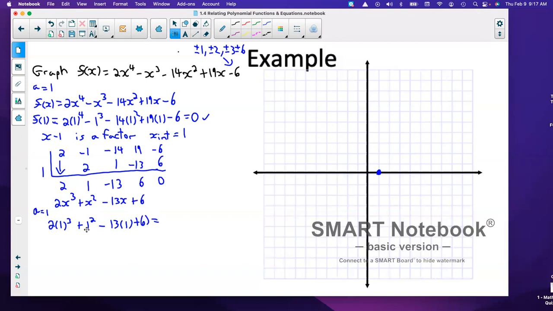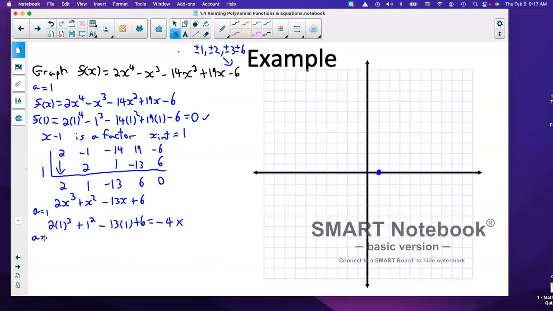So that'd be 2 plus 1 is 3, minus 13 is negative 10, plus 6 would be negative 4. So that is not going to give us a factor.